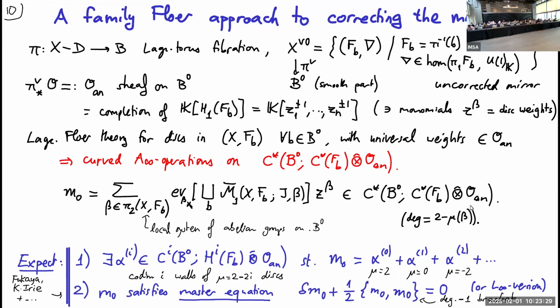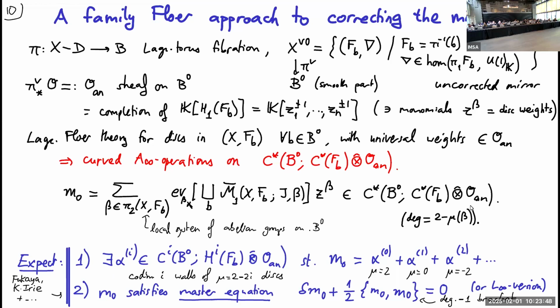So this m0 should have a decomposition into a part that counts Maslov 2 disks, which is going to be degree 0 and lives everywhere. The Maslov 0 disks live in codimension 1 in the base, codimension 1 in the fibers over those, and so on. And tropical geometers will not list all this.